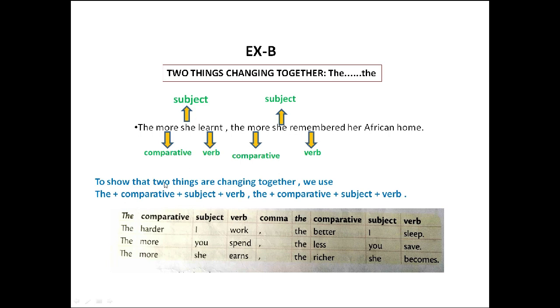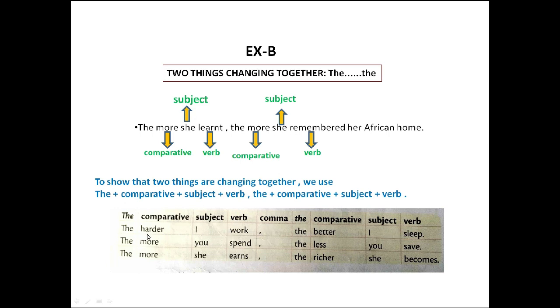What's the formula? First, you will start your sentence with the, then you will write your comparative degree of adjective, then subject, and then verb. After this, you will give a comma, and again you will follow the same pattern, the plus comparative plus subject plus verb. If you can see an example here, these examples are taken from your book. The harder I work, comma, the better I sleep.